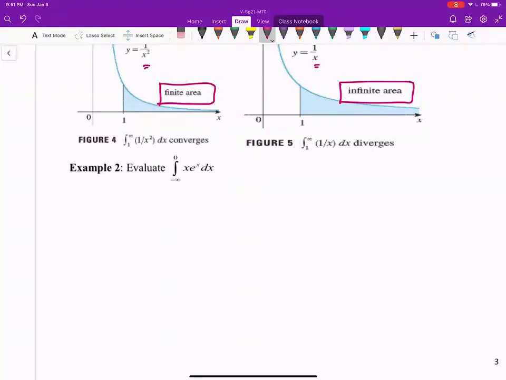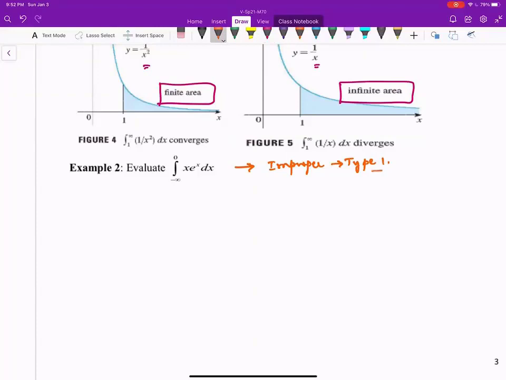So first, this is an improper integral of type 1. It's improper because the lower limit or upper limit is infinity and/or negative infinity. The lower limit is negative infinity here.